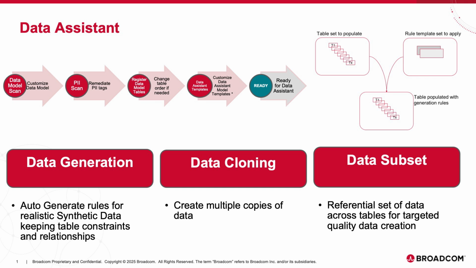With the data model, if you need to make changes, such as adding a primary key, adding a foreign key, or adding or removing relationships, you can do all of that. We also have a new capability to modify the table order. Once that is all done, you register all of the tables. They will show up as the objects on which Data Assistant will build its rules.